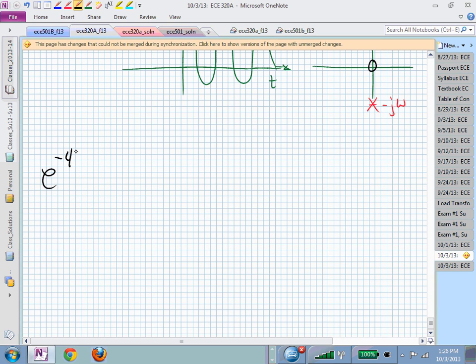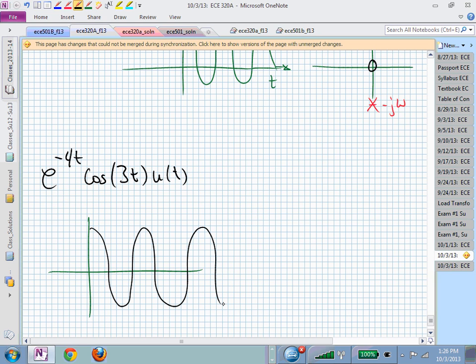E to the minus 4t cosine of 3t. Pictorially, we could think of that as having a cosine. Oh boy, that's supposed to be a constant frequency, but it's not. Very good drawing.